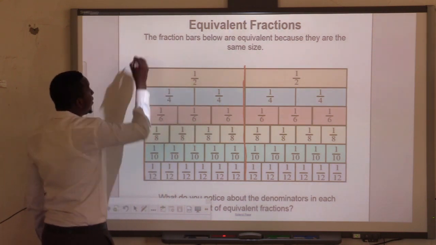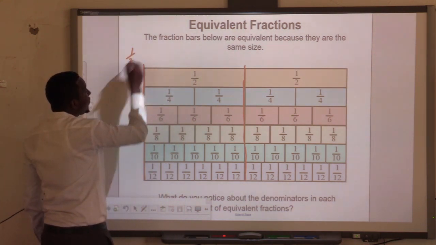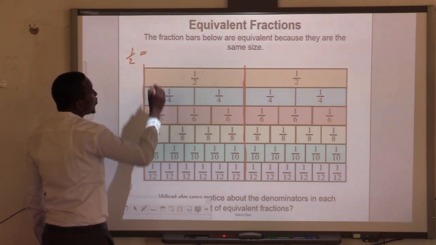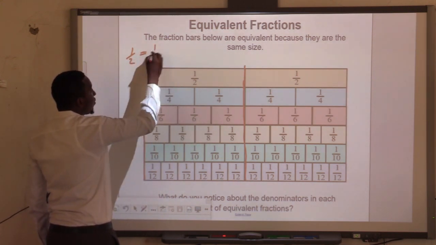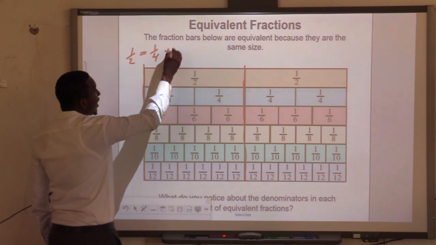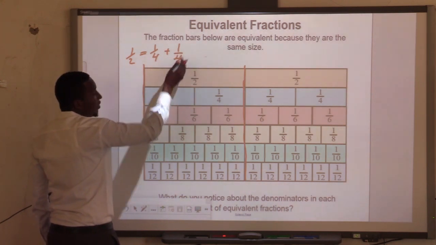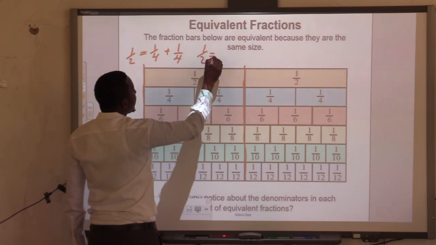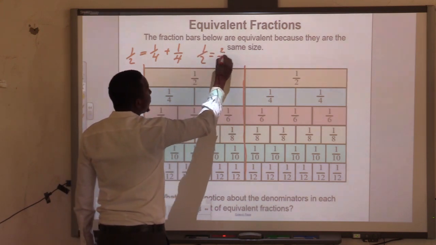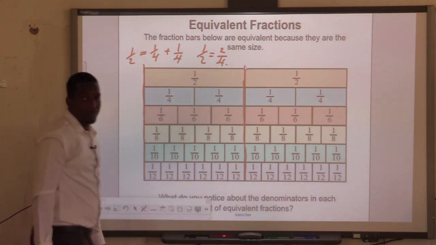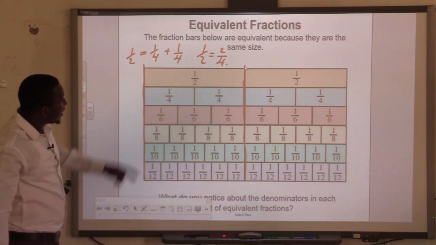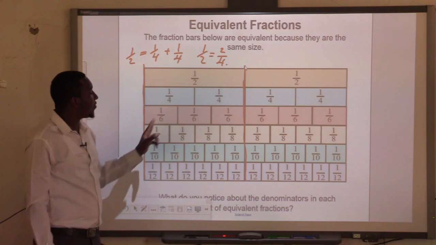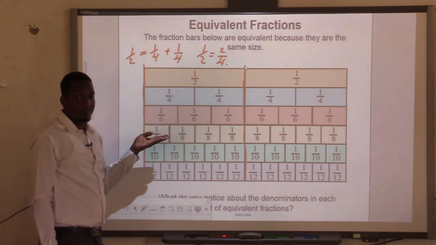So we can say half is equal to 2 of the 1/4, that is 1/4 plus another 1/4. Well, if you do the mathematics there, you're going to have half is equal to 2/4.